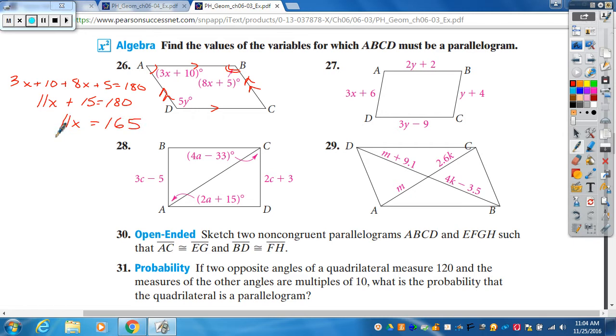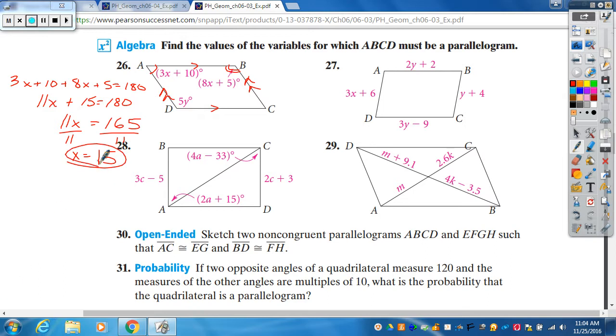And then if I divide through by 11, 11 goes into 16 once with 5 left over, so I have the 5 from here and then the 5 here, 55. 11 goes into 55 5 times. So 15 times 11 is 165, so x is going to be 15 degrees there.